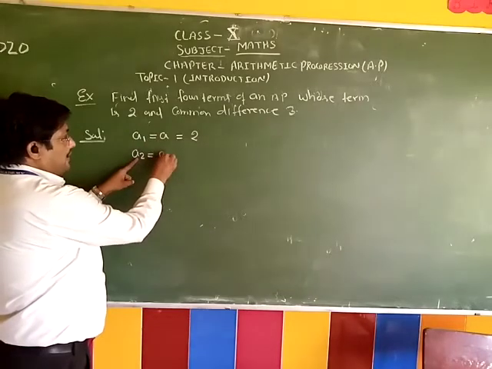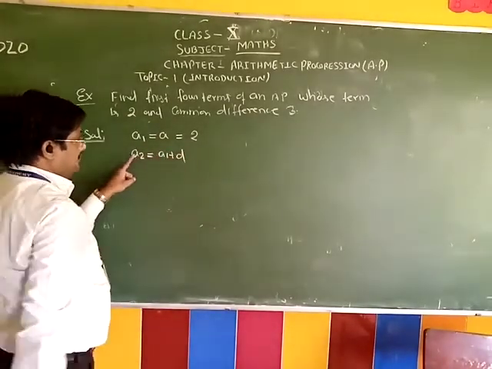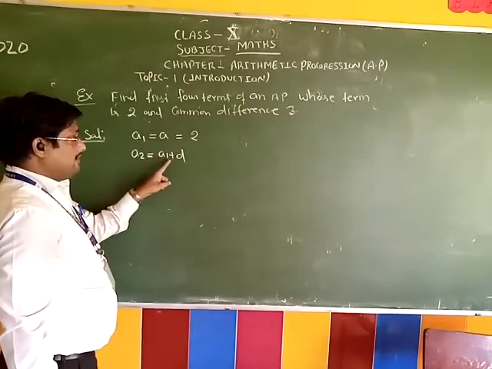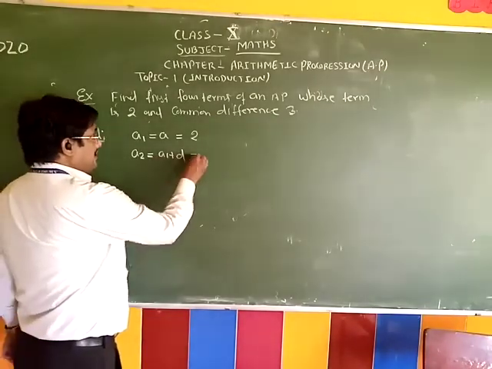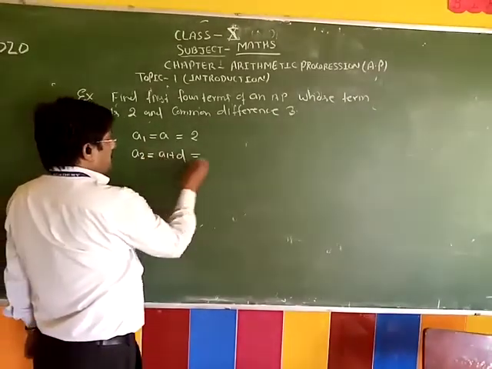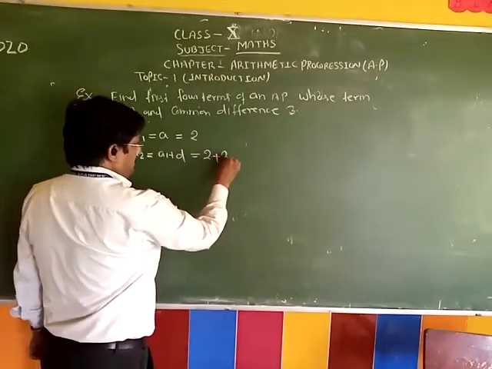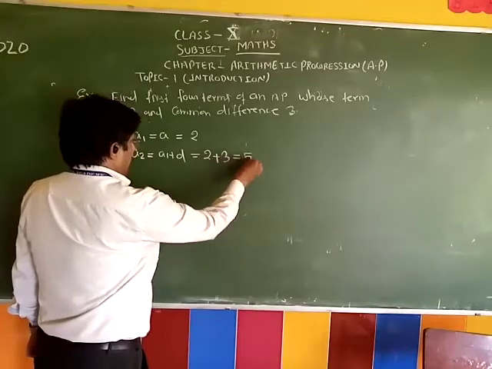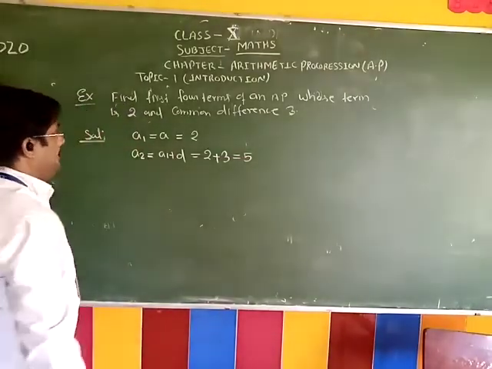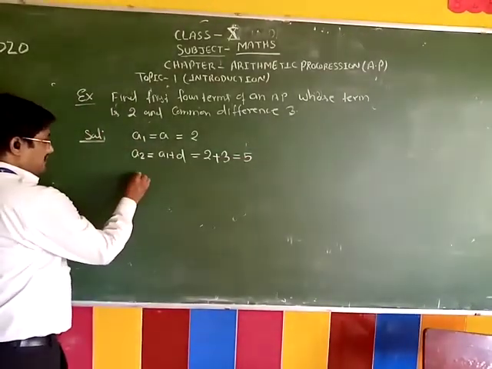A2 is equal to A1 plus D. The value of A1 is 2, the fixed number is 3, so it is equal to 5. The second term is 5.